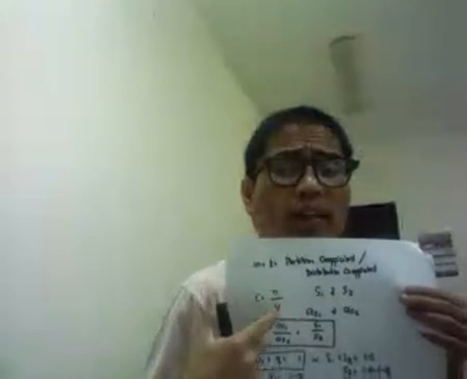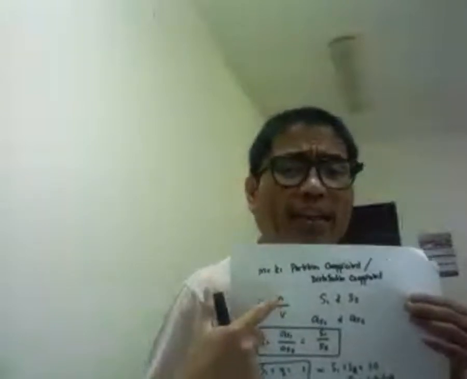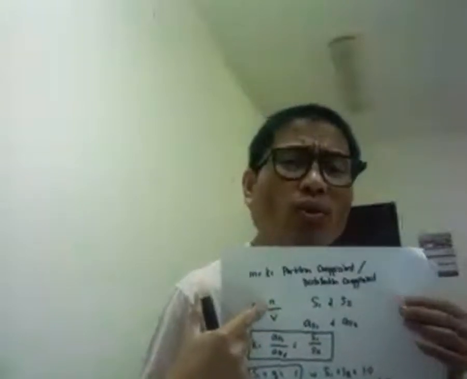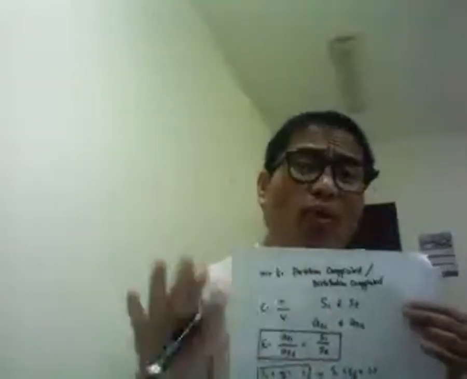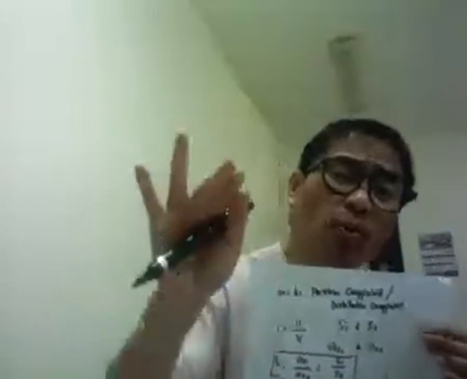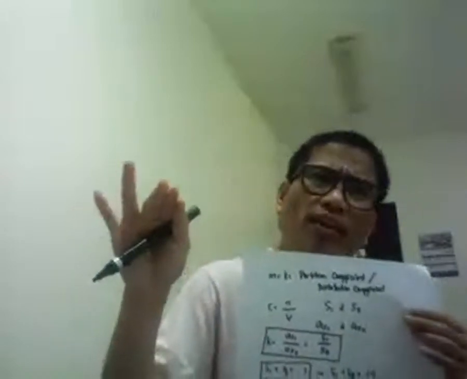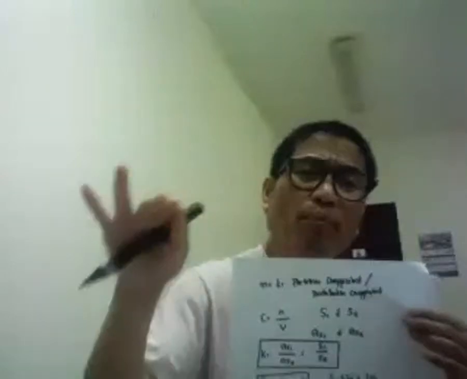So how can we use this? Since we are dealing with concentration, right, C is equal to n over V. You get the point? What is n? This is the number of moles, whether concentration or solubility. C is equal to n over V. So if n is the number of moles, it relates to the molar mass.